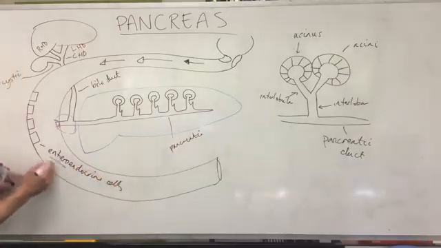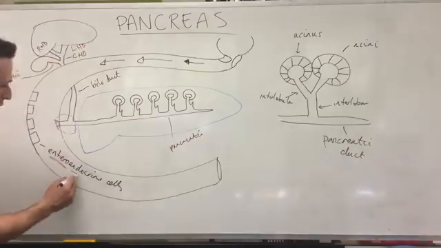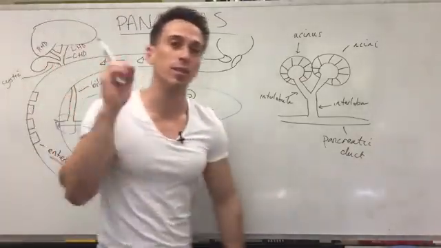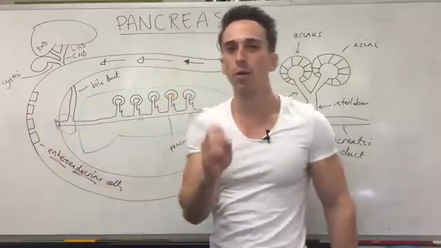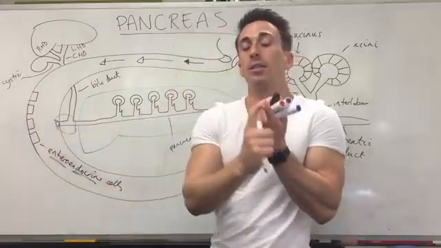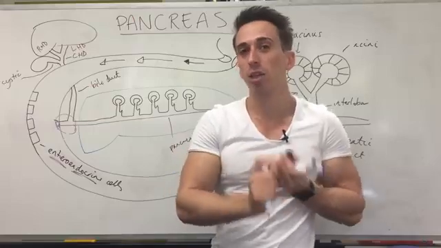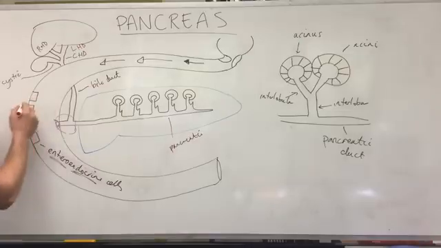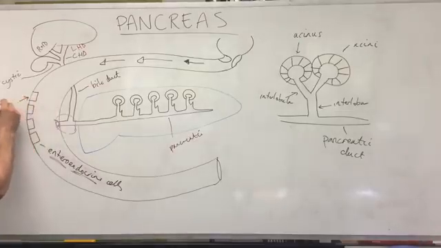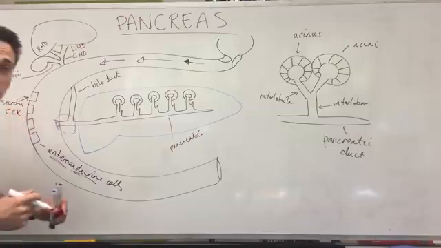Now, entero is referring to the GIT, that's easy. Endocrine is referring to the endocrine system, which means it releases hormones into the bloodstream. And what hormones does it release? Well, these enteroendocrine cells release secretin and cholecystokinin, CCK for short.